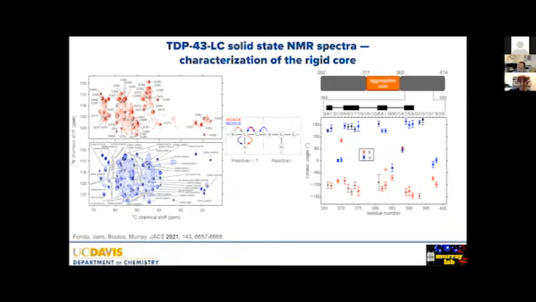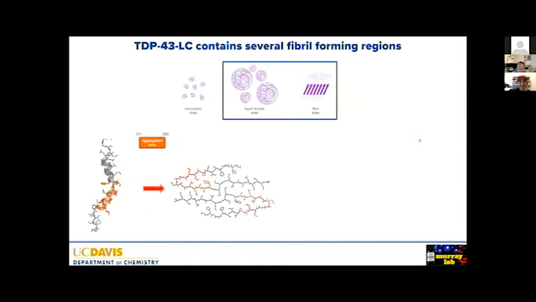We can use database predictions using the observed and assigned NMR chemical shifts to predict backbone torsion angles. What we learned is that there are regions of large negative phi torsion angle and large positive psi torsion angles, which are indicative of beta strands. So we know that there are likely to be at least 4 beta strands within this low complexity fibril core.